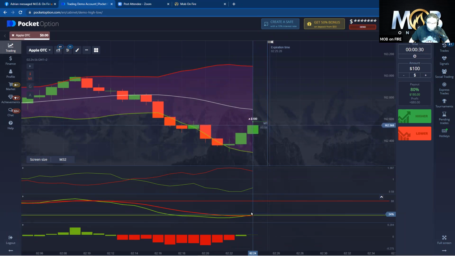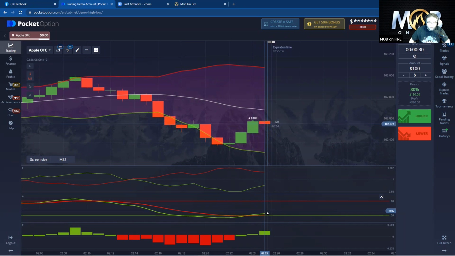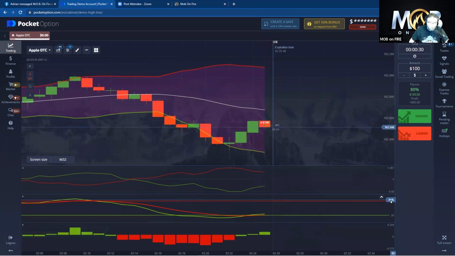Wow. Let's see why it's dangerous when things are not moving. And there he goes. It's coming out of the 20. I might get that trade, even though I went in too early. The perfect entry would be right now. Okay. And I lost that trade.